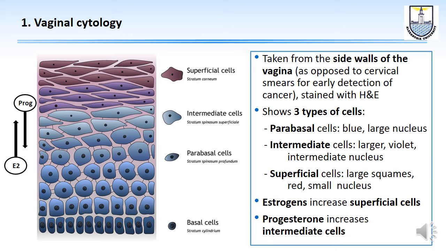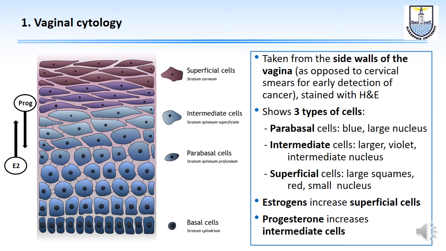And as you can see, the basal cells are blue, with a big nucleus, as we said, the basal and parabasal. The intermediate cells have a smaller nucleus, and they start to become more or less violet, while the superficial cells or superficial squames have a small pycnotic nucleus and a red cytoplasm.